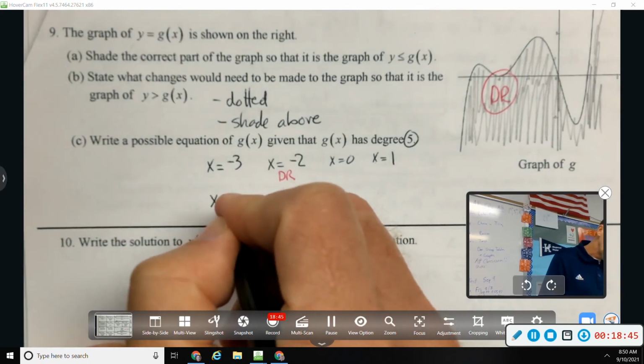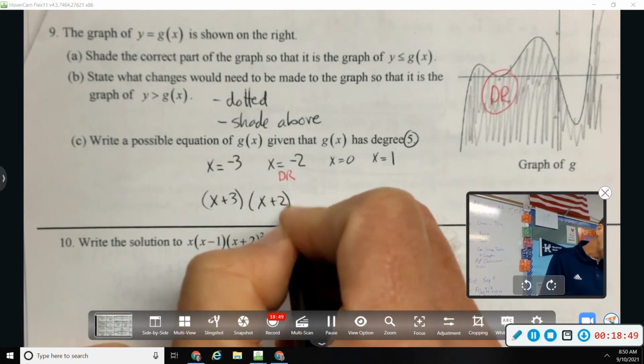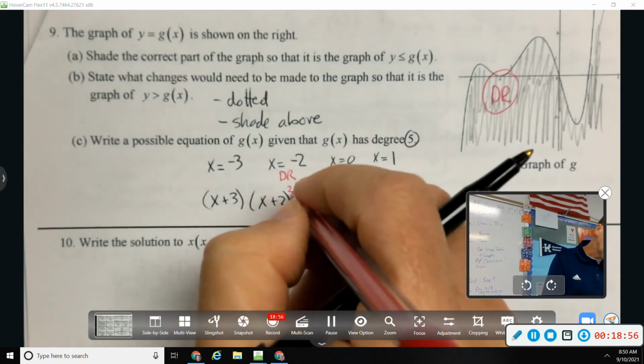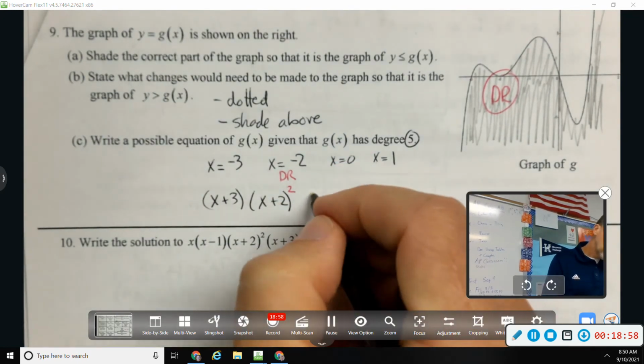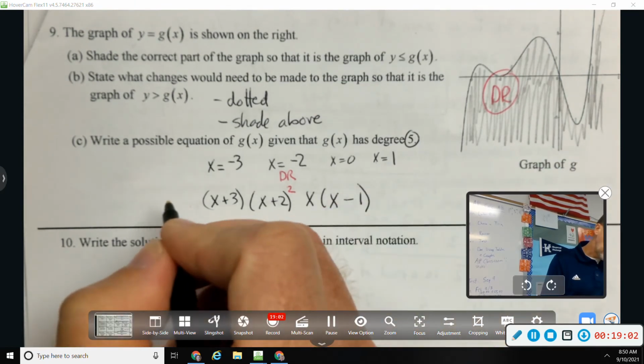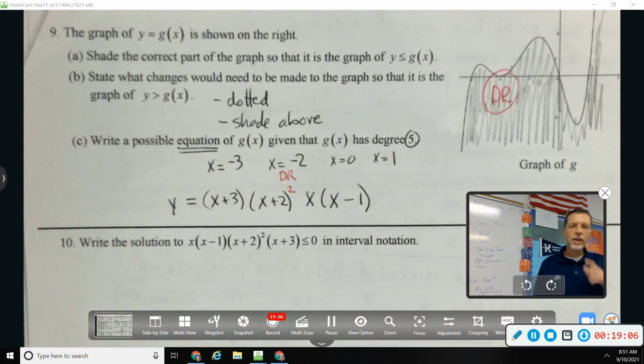So x plus 3, x plus 2. How does the double root show up in the equation? I'm going to square that term, and then x and x minus 1. Write an equation, so I need y equals out front to make it an equation. And it doesn't specify whether factored form or multiplied out form is preferred.